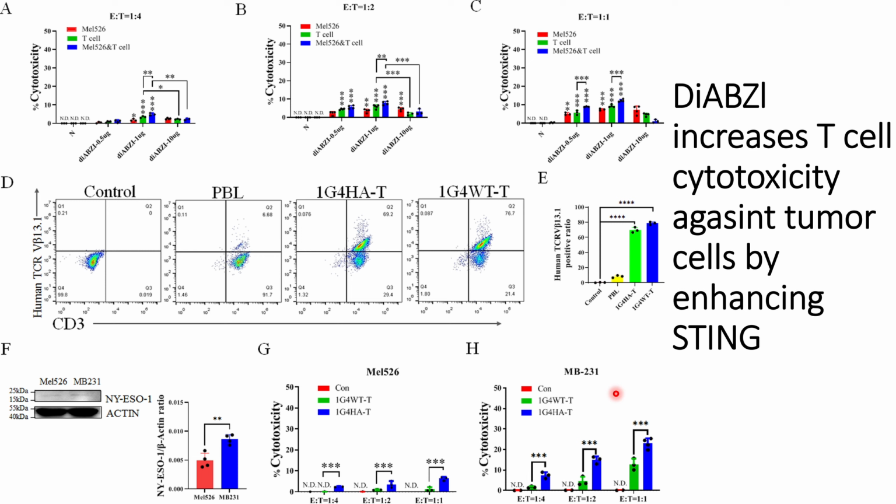From this, their hypothesis seems to be plausible: that DiaBZl will cause an increase in the antigen expression on the tumor cells, and those increased antigens can be detected by the engineered T cells, that is T cells engineered with these receptors IG4HA or IG4 wild type.